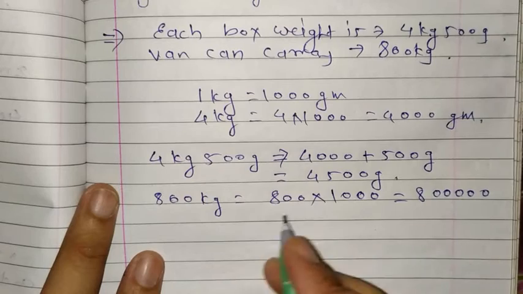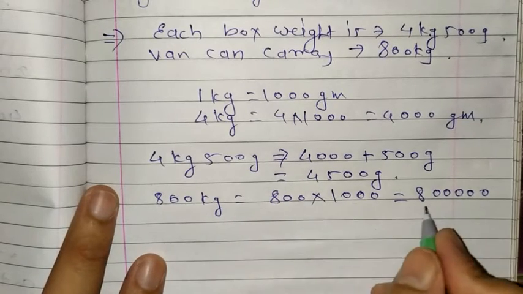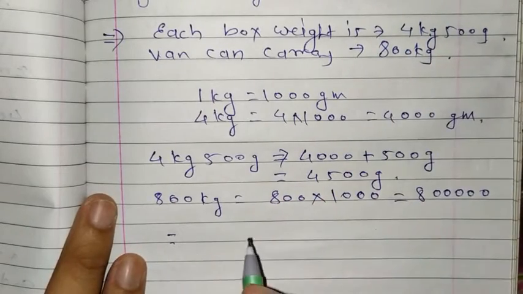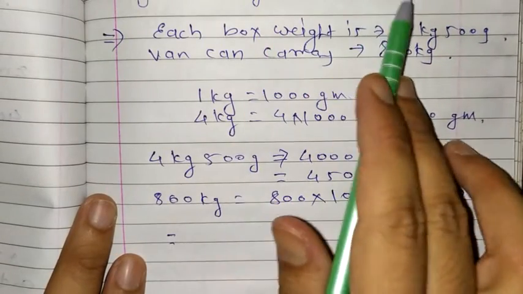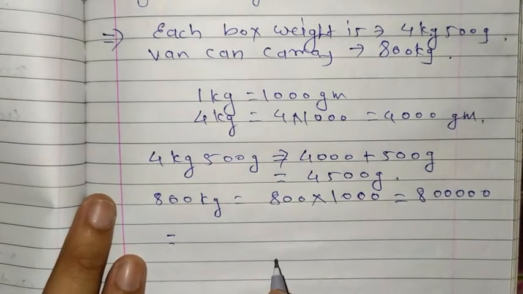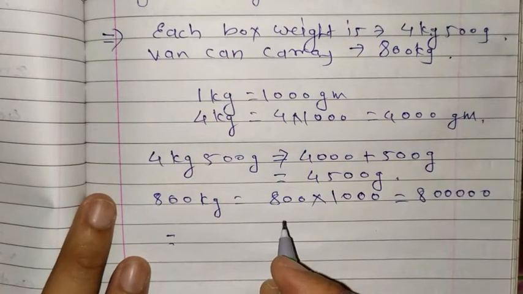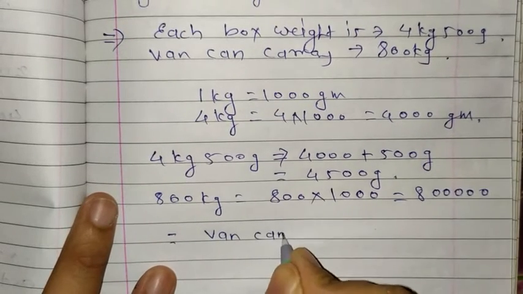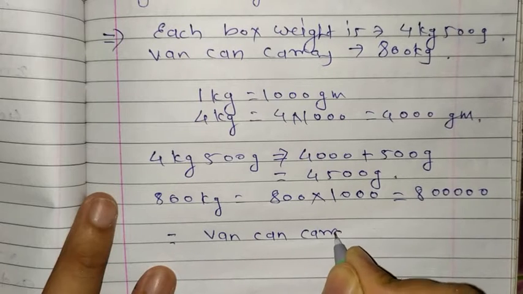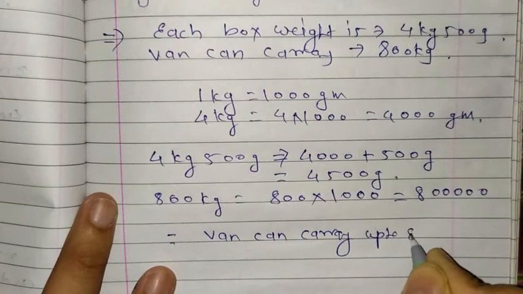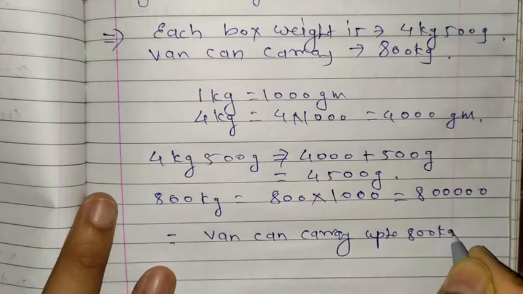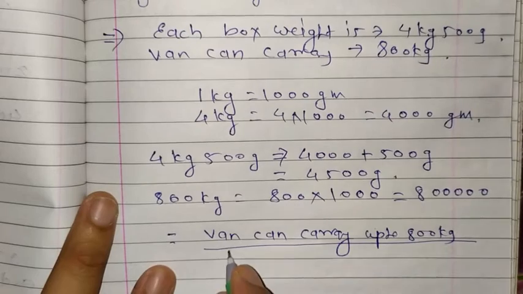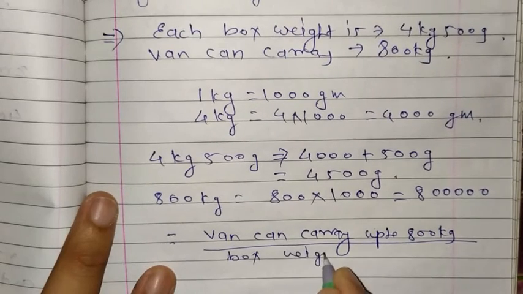So finally you have to divide this number. Here we have the formula for calculating how much weight the van can carry, up to 800 kg. In the question we have to find how many such boxes can be loaded. So our formula is: van can carry up to 800 kg, divided by box weight.